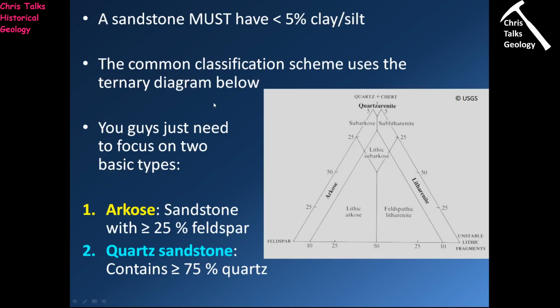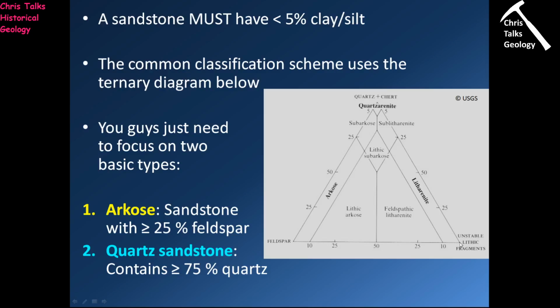So if we look at the sandstone classification scheme, here it is right here. This is the standard classification scheme. We have 100% quartz up here at the point there, and this line at the bottom represents 0% quartz. We have 0% feldspar down this axis, and 100% feldspar at that point there. And we have 0% lithic fragments on this axis and 100% lithic fragments here.